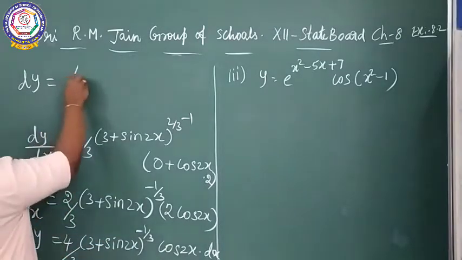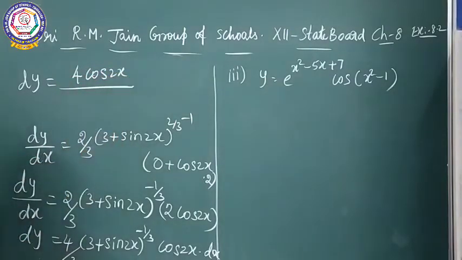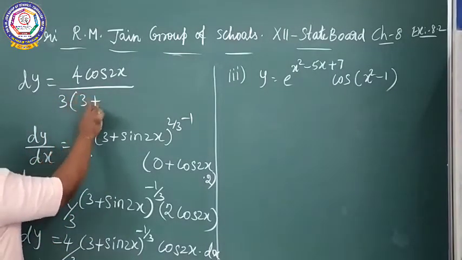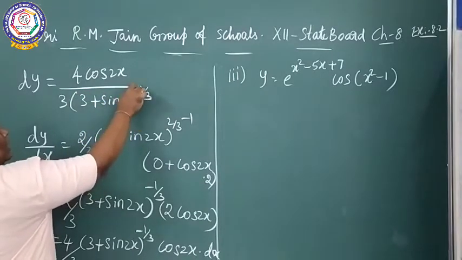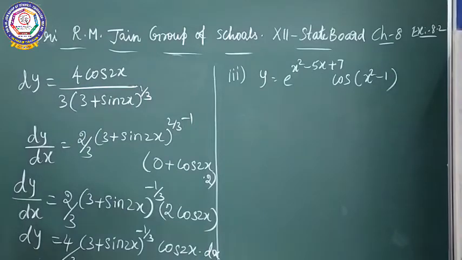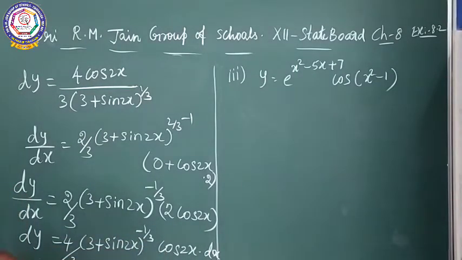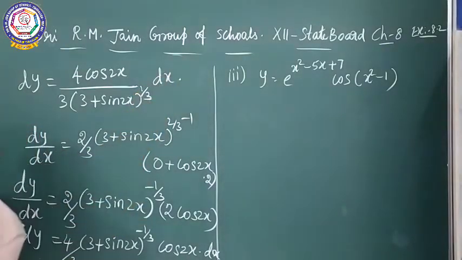So, it gives dy equal to 4 cos 2x by 3 into (3 plus sin 2x) whole power 1 by 3 into dx. This is the answer for the second one.